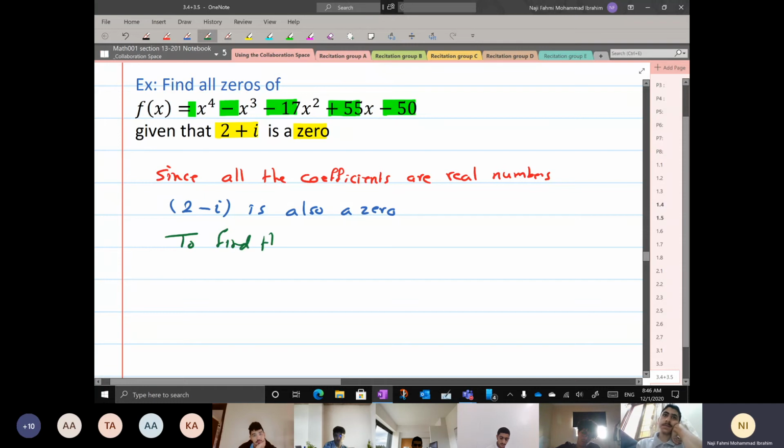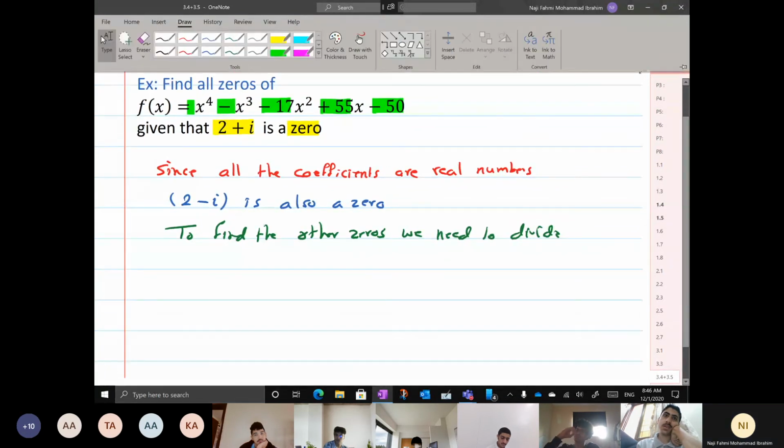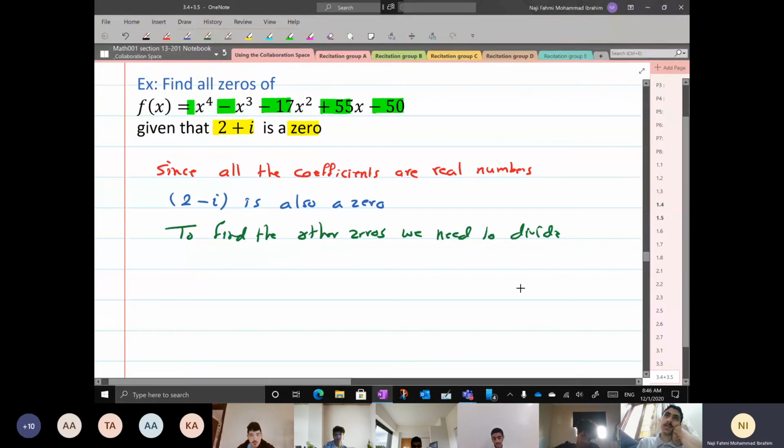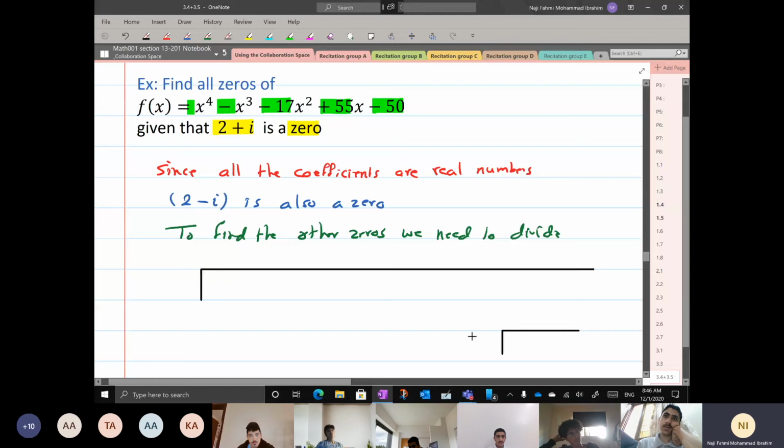So to find the other zeros, we need to divide. Should I divide by 2 plus i or 2 minus i? We have to divide by both of them, one by one. So I will make 2 divisions.